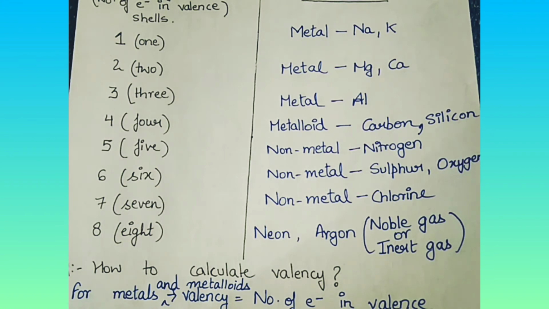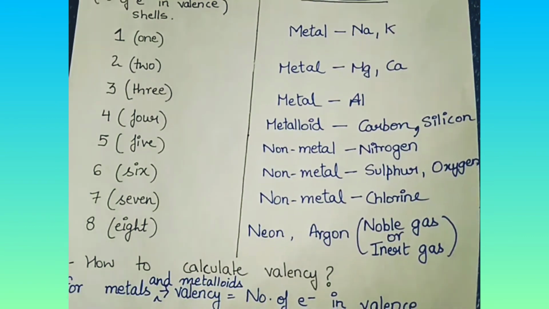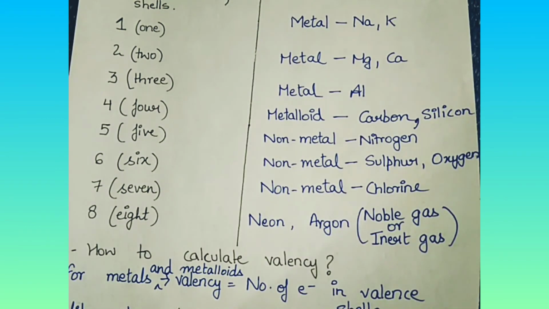So such elements are stable in their origin only. So they do not need to be combined with other atoms or react with other elements. So the atoms which have 8 valence electrons are referred to as noble gas or inert gas.